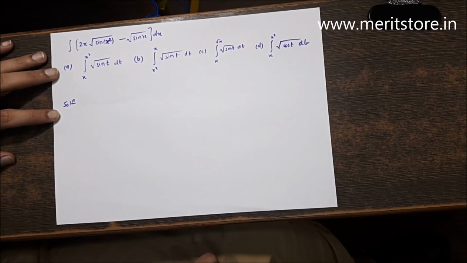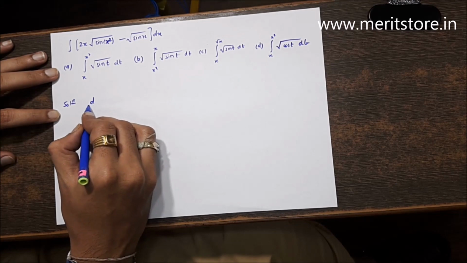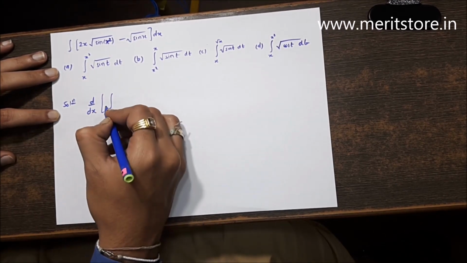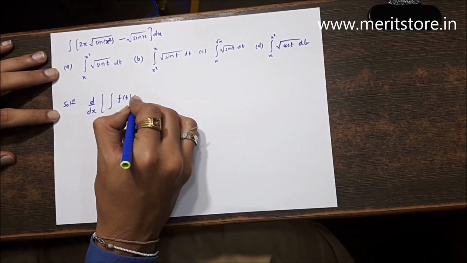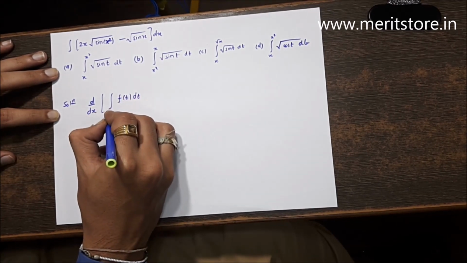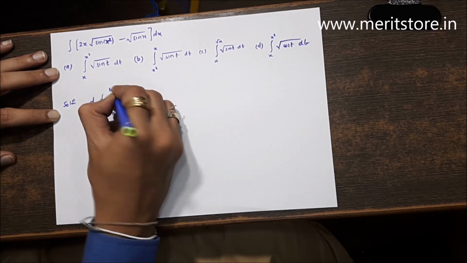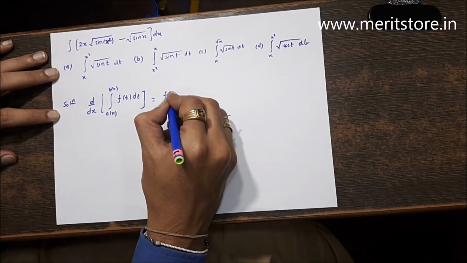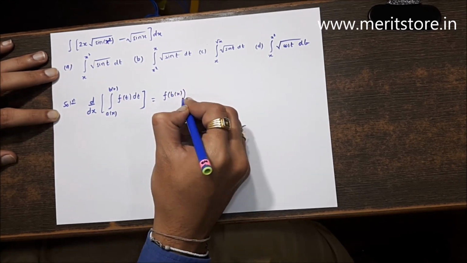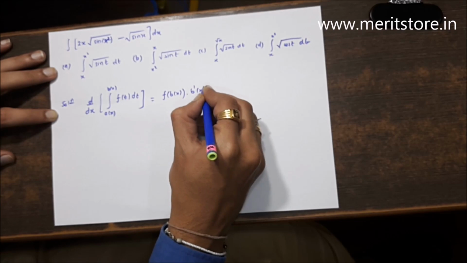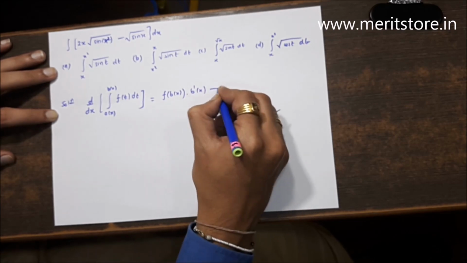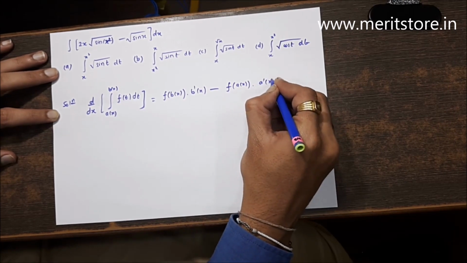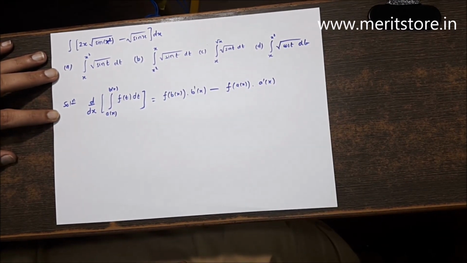Now to solve this, we need to know the identity that derivative of integral of f of t dt with the limits of a of x to b of x is nothing but f of b of x into b dash of x minus f of a of x into a dash of x.